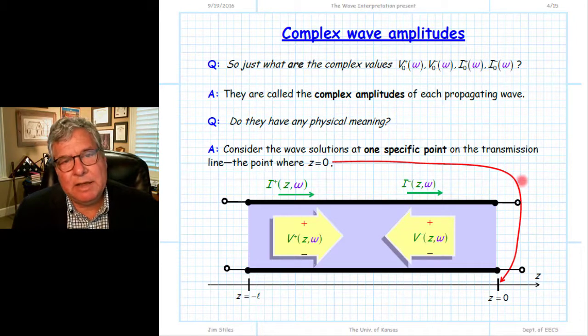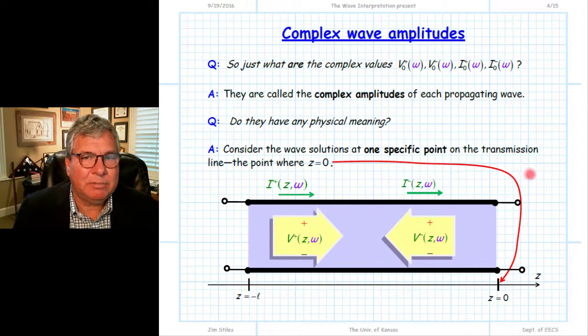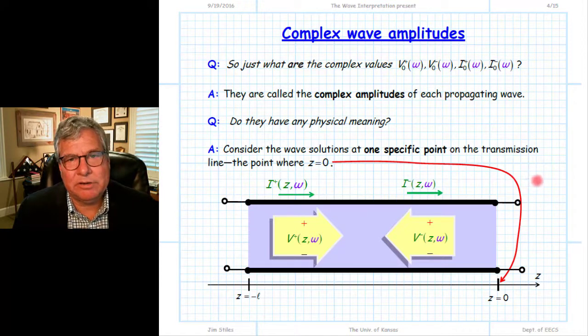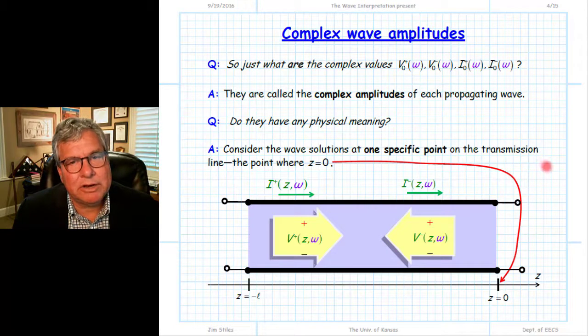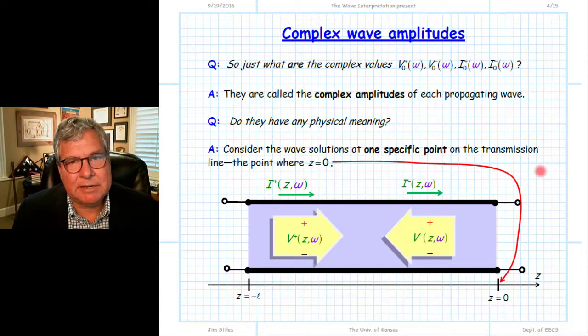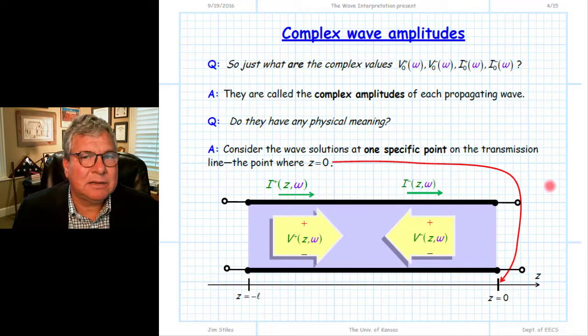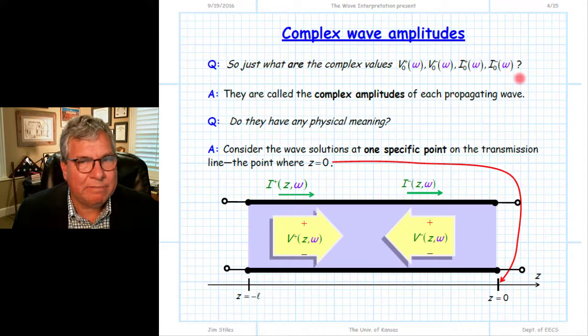So each of the wave functions that we've just described, the plus wave voltage V plus and the minus wave voltage V minus, and likewise for plus wave current and minus wave current, if we look at each of those terms, we see that they have an exponential e to the either plus or minus j beta z, and each one has then a complex constant associated with it, one of our complex wave amplitudes, and there's a unique wave amplitude for each of those four terms.